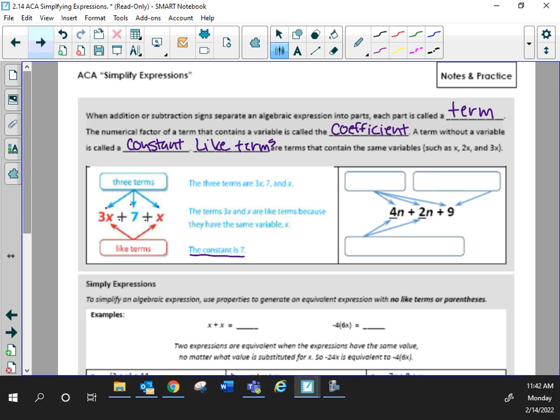Let's see if we can figure out these other things. In this first box, it's pointing to the 4, and 2, and 9. All three of those are called terms. This box is just pointing to the 9, that is called my constant. And then be careful, the 4 and the 2, Jackson, they're not my constant.